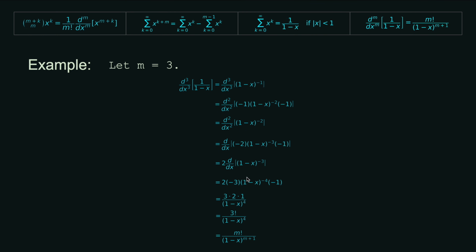So every time you compute a derivative, you're going to bring a negative power in front of your 1 minus x to whatever, but the negative is going to get canceled by the fact that you have to use the chain rule. You're going to have to multiply by negative 1 every time you take a derivative. So that's why you don't have something like negative 1 to the m plus whatever power here. It's just a clean m factorial over 1 minus x to the m plus 1.